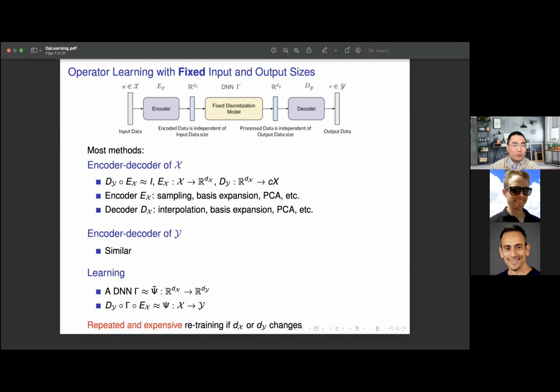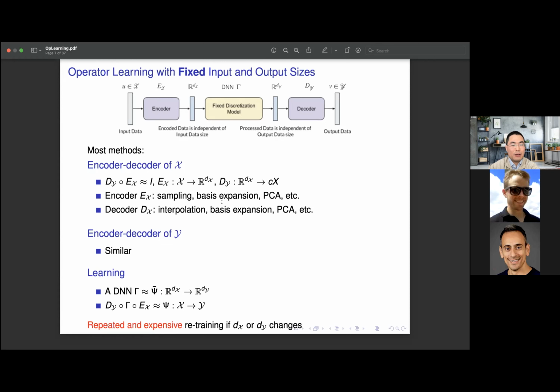For example, in the traditional way, you can use some sampling technique to sample this function on some sampling grid points to get a finite dimensional vector to represent this function. And this is what the method mentioned in the question. And you can also use some other algorithm to do this sampling. I call it an encoder, to encode a function to a finite dimensional vector.